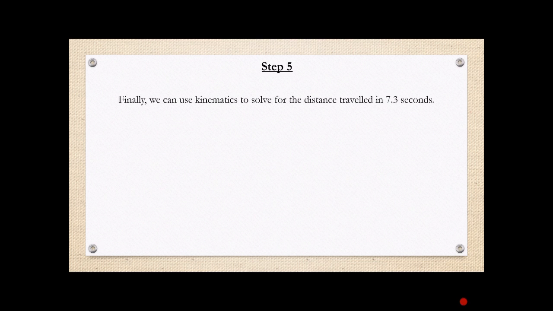Okay, the final step. Now we need to solve for the distance travelled in 7.3 seconds. We can use one of our kinematic equations. This simply states that the distance is equal to half the acceleration times the time squared in seconds plus the initial velocity times the time in seconds.